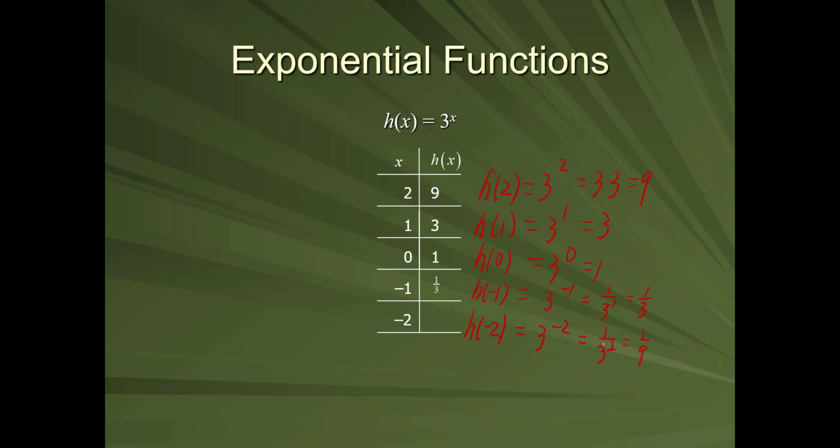Okay, so we get 5 ordered pairs. The first ordered pair is (2, 9), the second is (1, 3), the third is (0, 1). As you can see, it passes through the y-intercept (0, 1) again. Then (-1, 1/3), and the last one is (-2, 1/9).